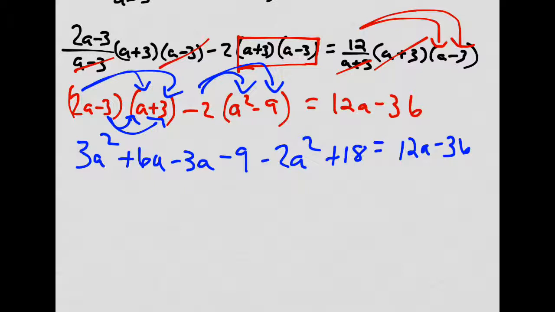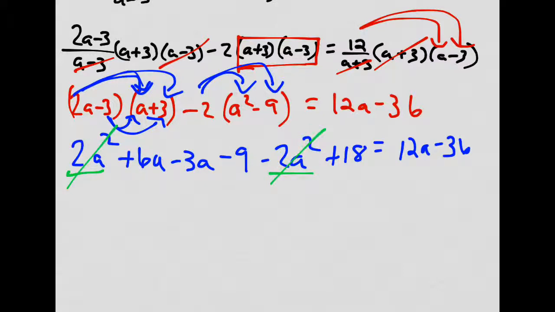Go through and combine your like terms now. There's a 2a squared here and a negative 2a squared here.